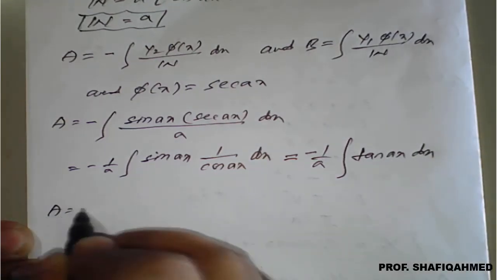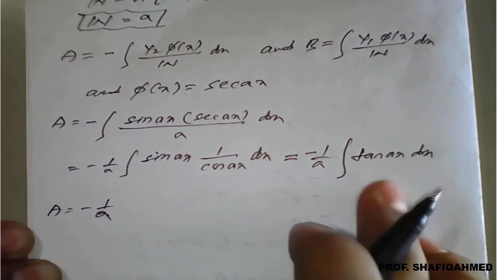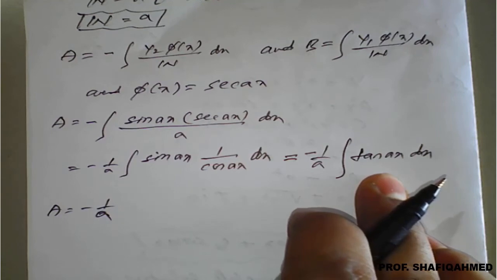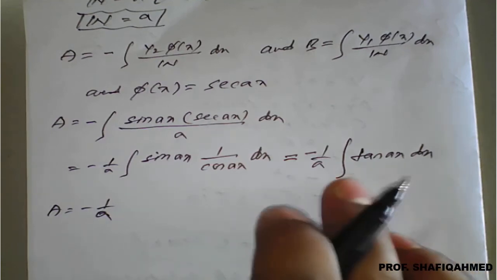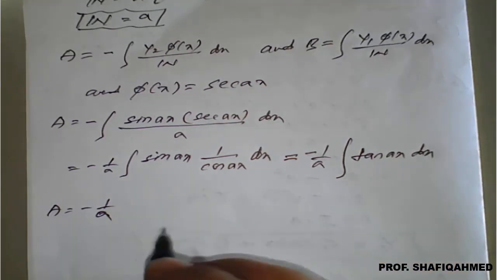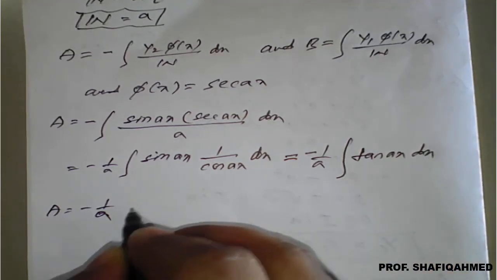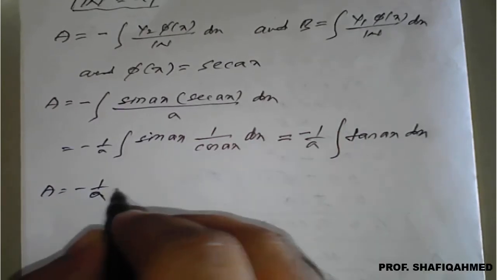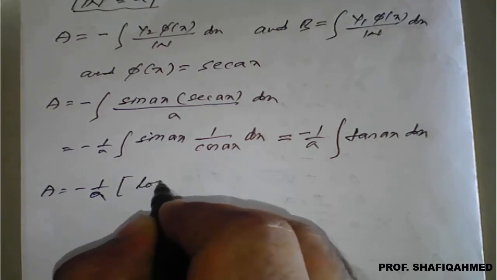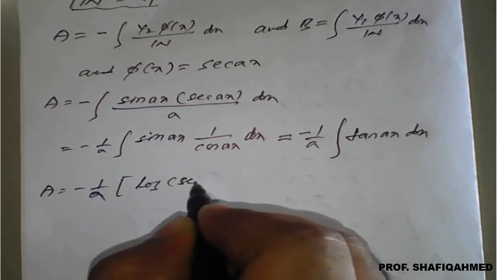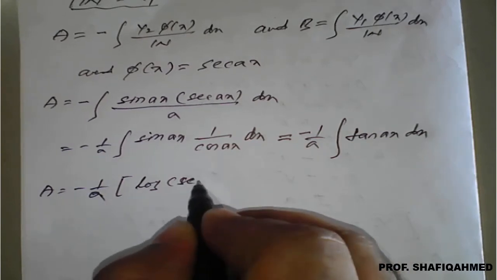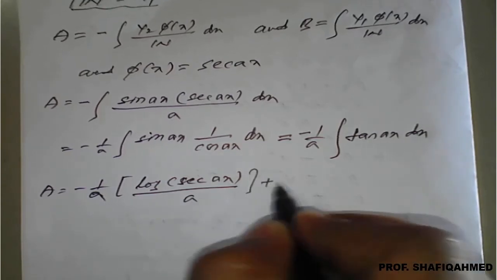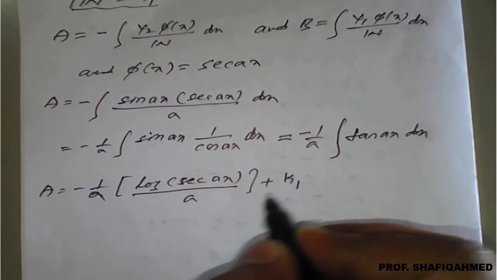Integration of tan ax is log of secant ax divided by a, plus an arbitrary constant k1.